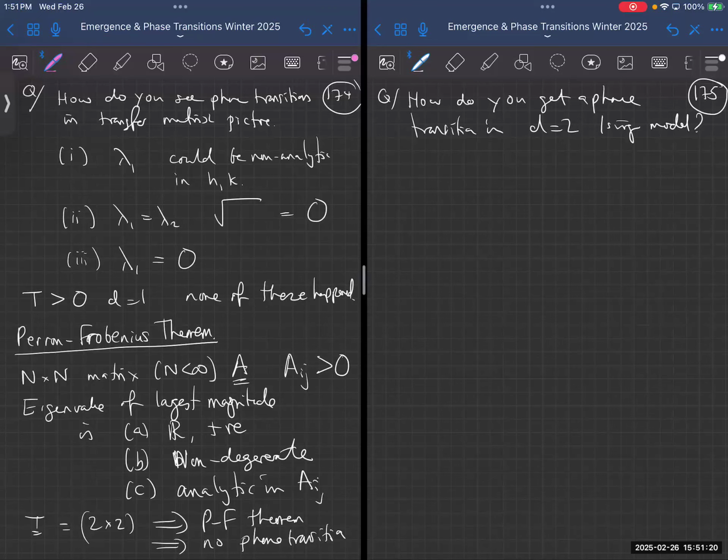Wouldn't the Perron-Frobenius theorem apply in 2 dimensions as well? How come we don't get a phase transition in 1 dimension, but we do get one in 2, when we have this general theorem which basically looks like it stops you being able to have a phase transition? So how do we get round the Perron-Frobenius theorem?